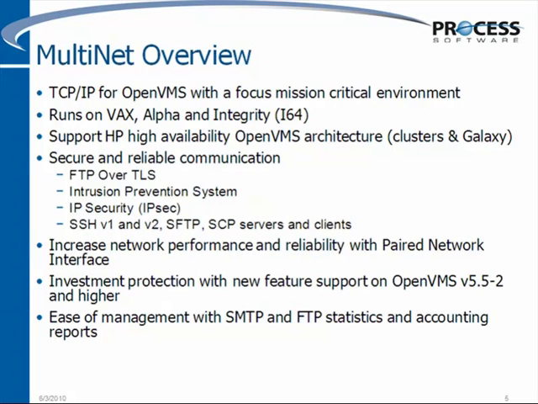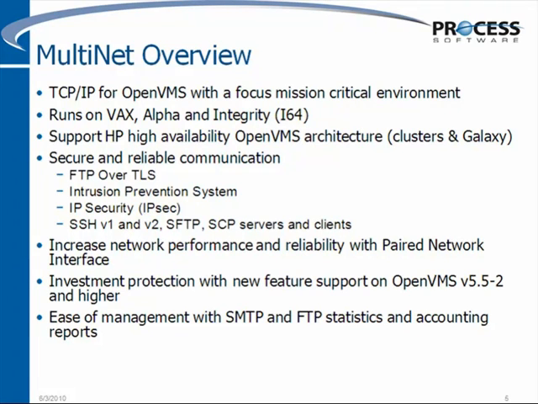Multinet, as we say, is focused on mission-critical environments. It runs on VAX, Alpha, and Integrity systems. We support the HP high-availability OpenVMS architecture with clusters and Galaxy. We provide secure and reliable communication with FTP over TLS, intrusion prevention system, IPsec, and SSH version 1 and version 2, which also supports SFTP and FTP servers and clients.